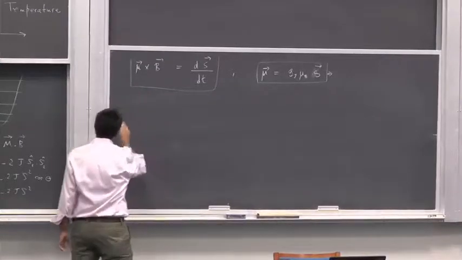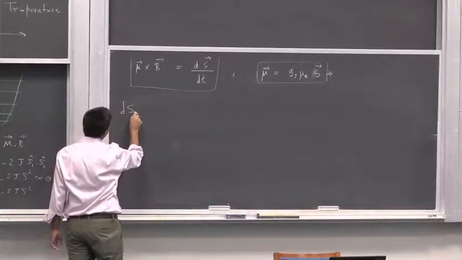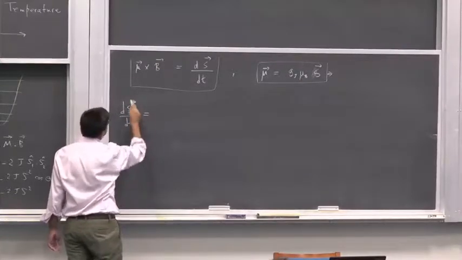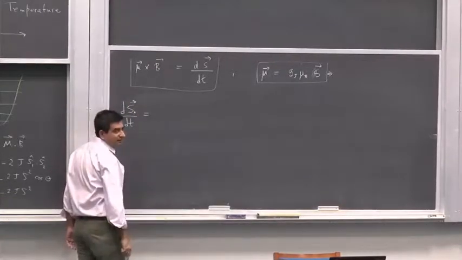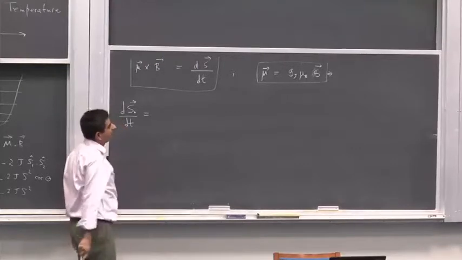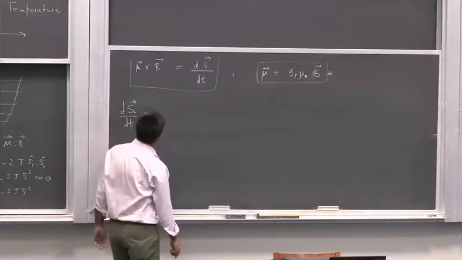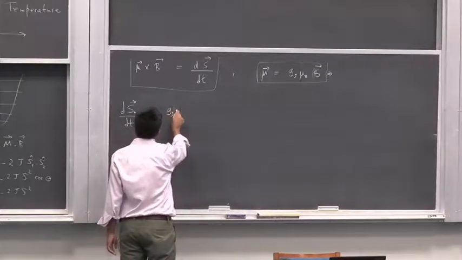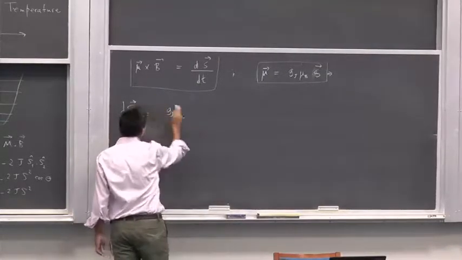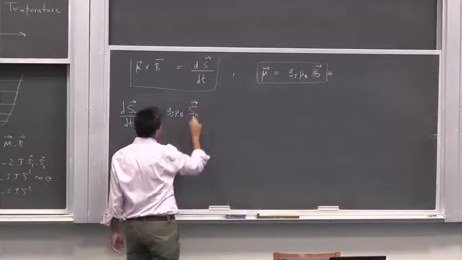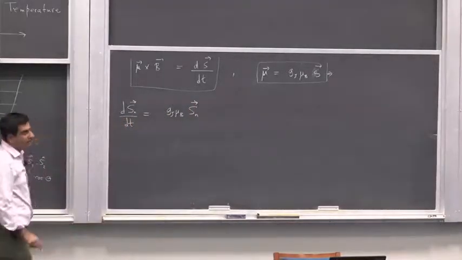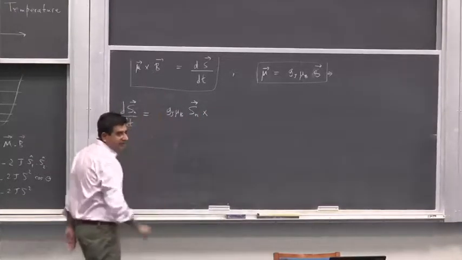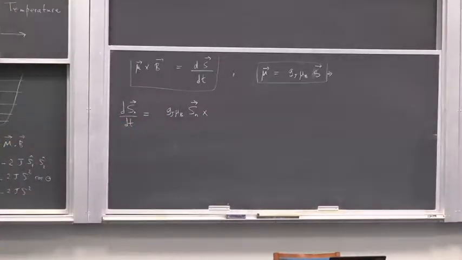So if you would like to find out the torque that acts on the nth spin, that's going to be given by mu cross B. Now what's the magnetic moment of the nth spin? The magnetic moment is simply Gj mu B S_n, crossed with the magnetic field that the nth spin sees, and that magnetic field is given over here.